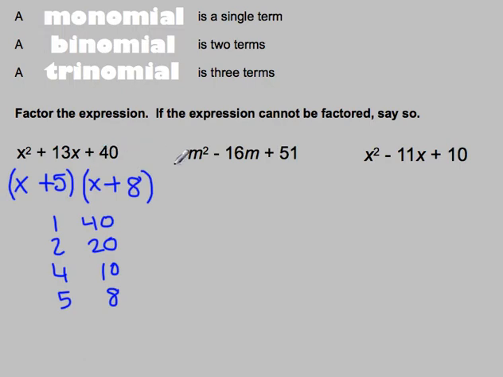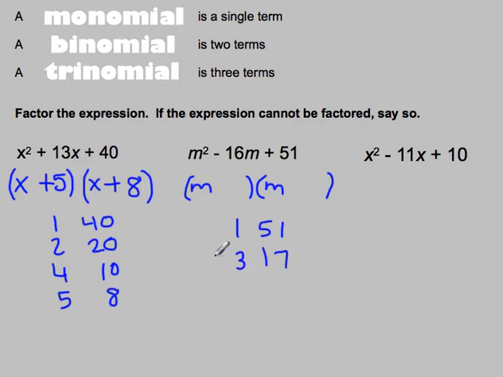Moving over to the next one, again, if I break up m squared, that's going to be m and m. Then we think of the factors of 51. 1 and 51, 3 and 17. I think that's it for that one.